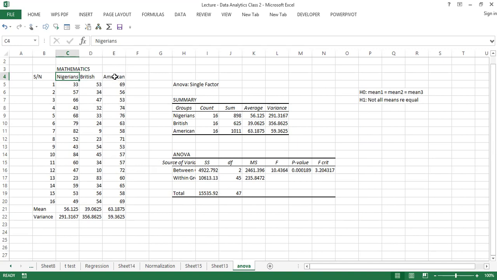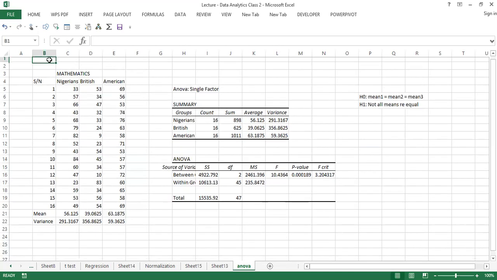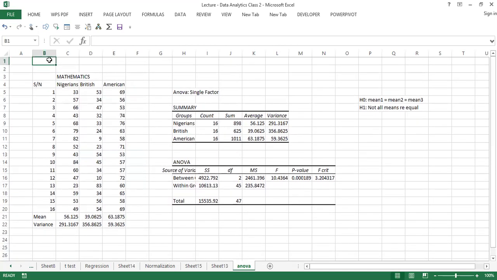We are grouping based on one factor, nationality. It's also possible to do multiple factors, and do two-factor analysis of variance, also called two-way analysis of variance. This one is a one-way analysis of variance.